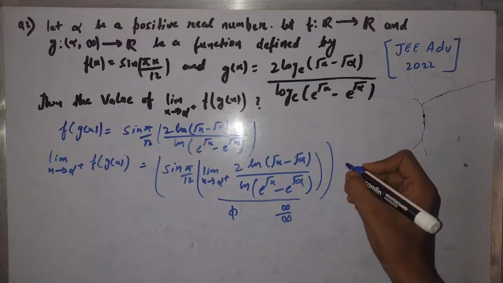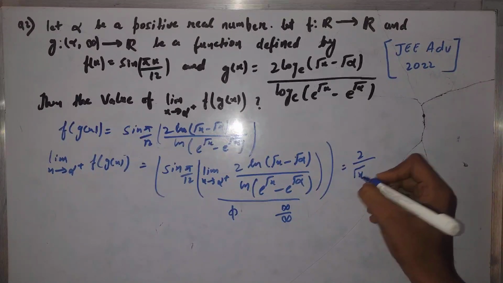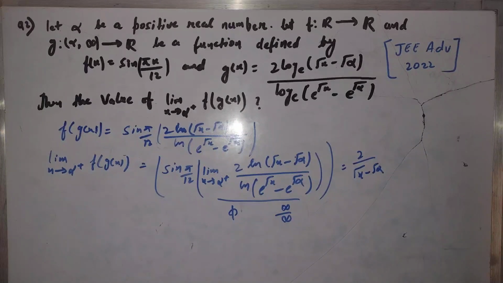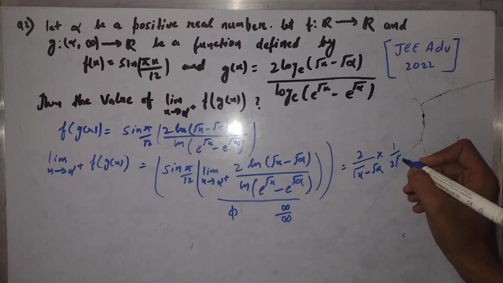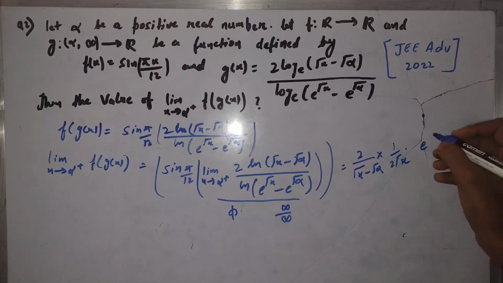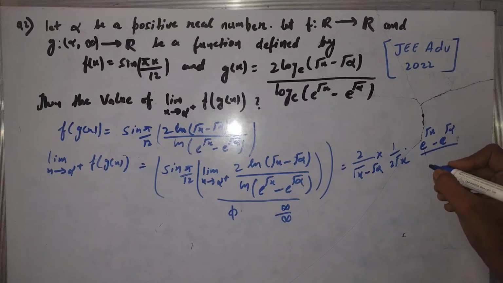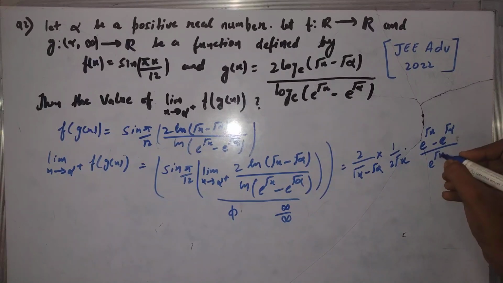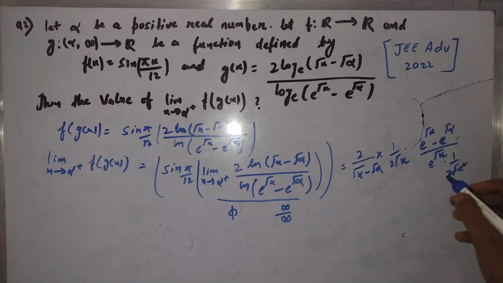This becomes 2 upon (√x − √α), and the derivative of √x is 1 upon 2√x. Now I'm differentiating the denominator, so in the denominator we have e^√x, and the derivative of √x is 1 upon 2√x. Then the 2√x and 2√x cancel here.